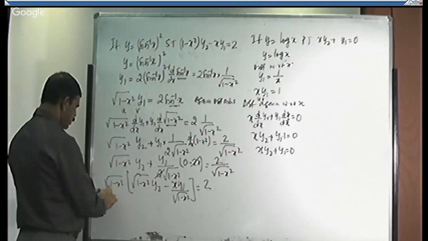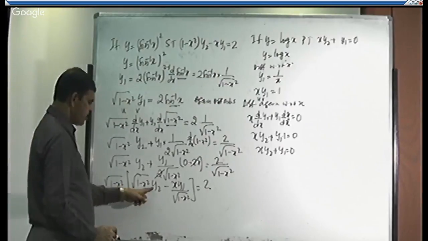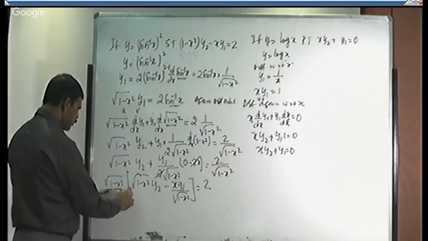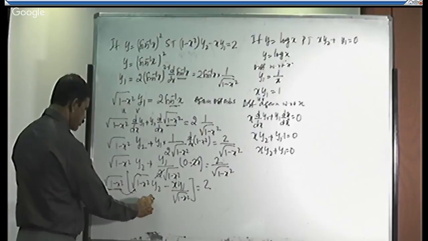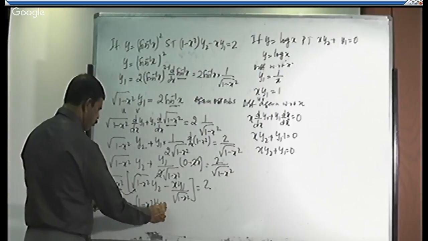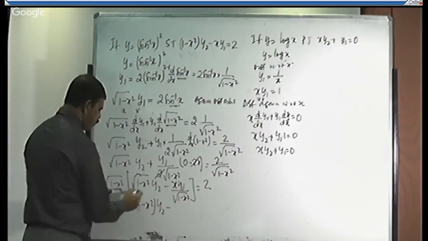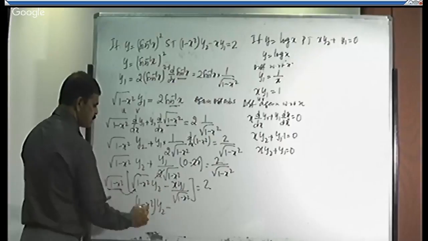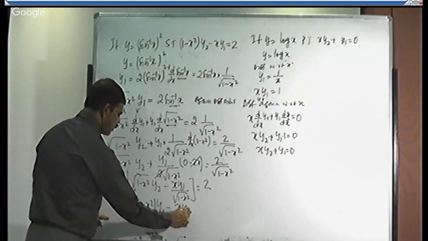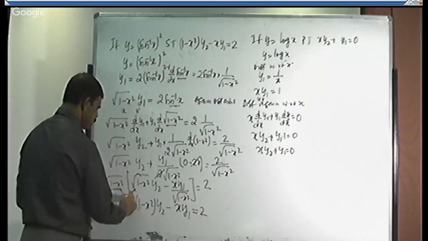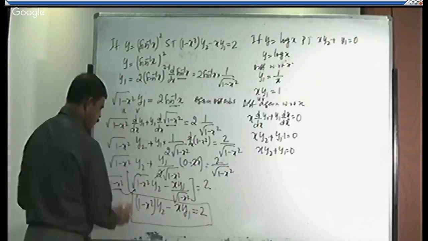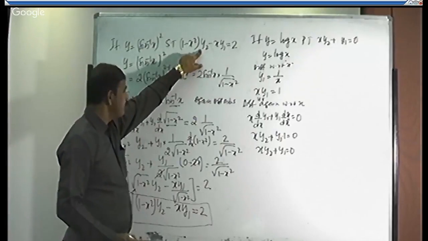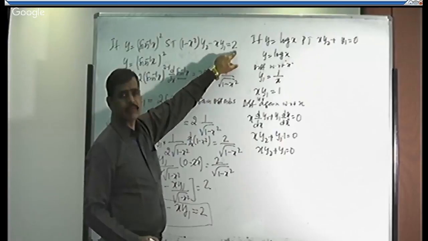On multiplying root of 1 minus x square to both the terms, what you will get? Root of 1 minus x square into root of 1 minus x square. You will get 1 minus x square into y2 minus x y1 divided by root of 1 minus x square into root of 1 minus x square. They do cancel. Remaining is what? X y1 is equal to what? 2. See the answer. You got the required value. 1 minus x square into y2 minus x y1 is equal to 2. Right?